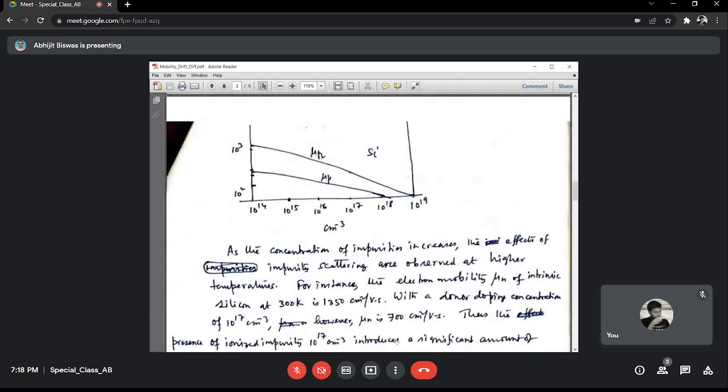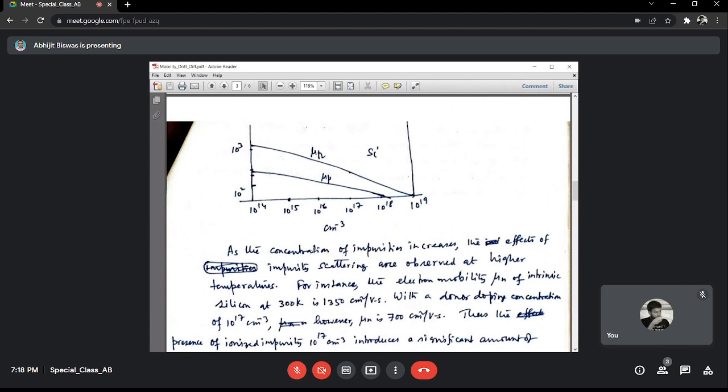There is a variation of both electron and hole mobility with carrier concentration. So mu n refers to the electron mobility, mu p refers to the hole mobility. You see, it is the doping concentration. It varies from 10 to the power 14 to 10 to the power 19.